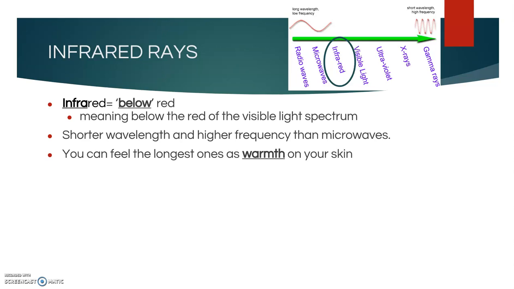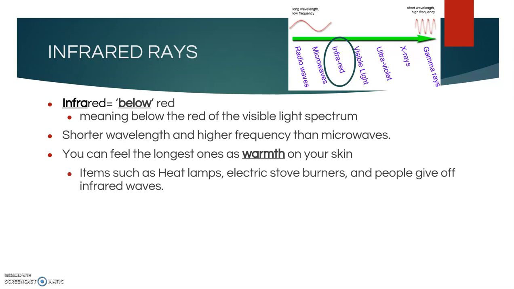Now, infrared is a type of electromagnetic energy that we feel as warmth. And really everything that exists, anything that's made of matter, gives off infrared energy. So examples would be heat lamps and electric stove burners.